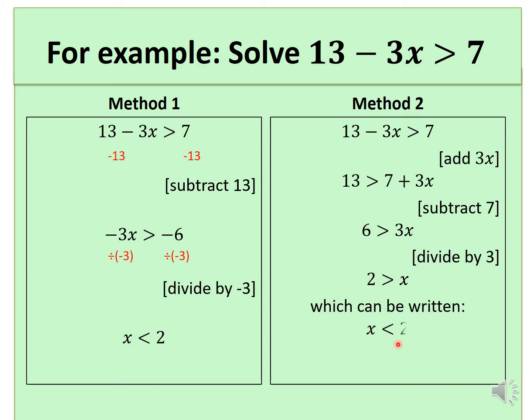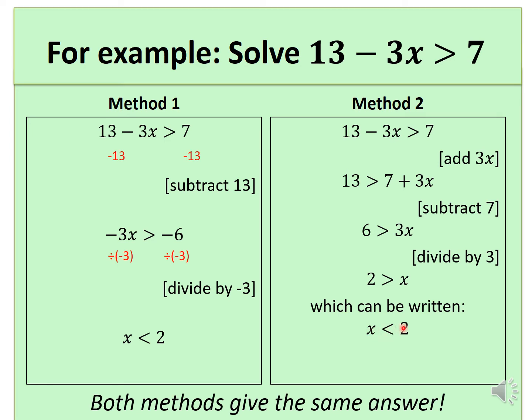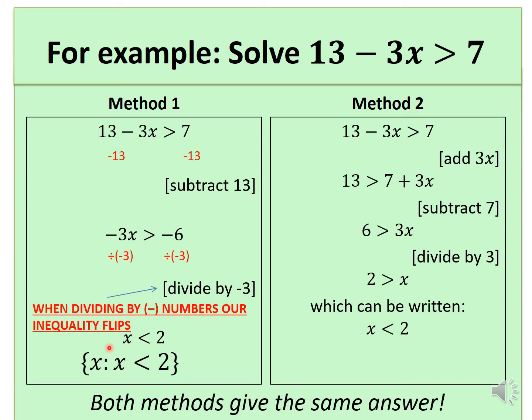Or you can just write it exactly the same: x is less than 2. So both methods give you the same answer. So here is the only rule you have to be mindful of. This is something new, so make a note of this. Pause the video, make a note. Okay, so here is the answer you want to write: set of x such that x is less than 2.